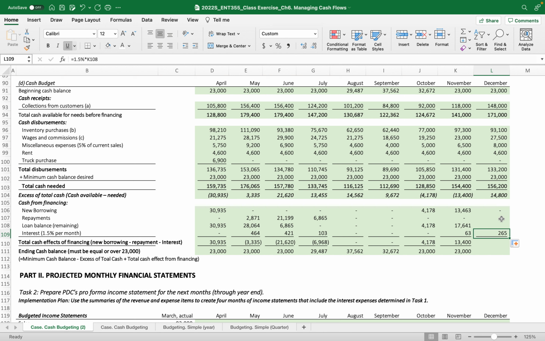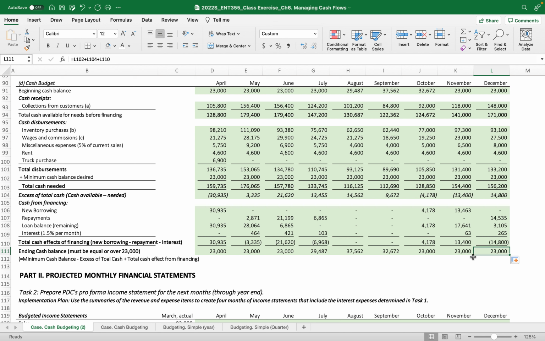So the repayment amount is not all the 14,800 out of 17,641, because this 14,800 should cover 265 in interest from the prior balance of the loan, right? So the repayment should be, now you understand, right? This 14,800 minus only this amount. Cool. Then the total loan balance remaining is now 3,105. Then let's just drag to the right.